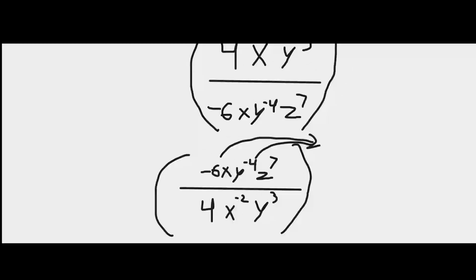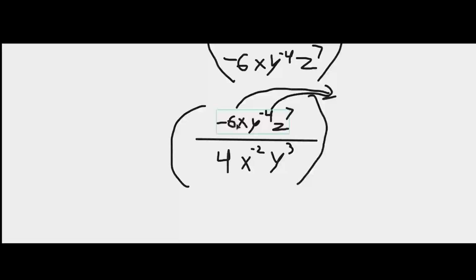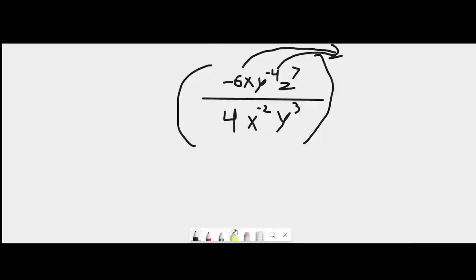But if we distribute this to everything, so 6, x, y, everything gets it, we're going to end up with 6 times 6 is 36. And another thing is, whenever you're taking an outer exponent to an inner exponent, you don't add them, you multiply them.